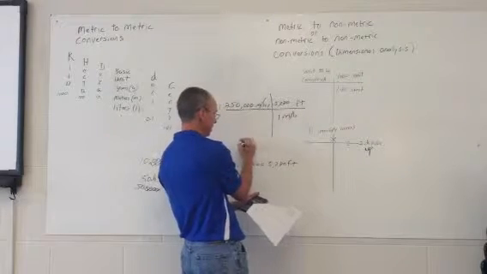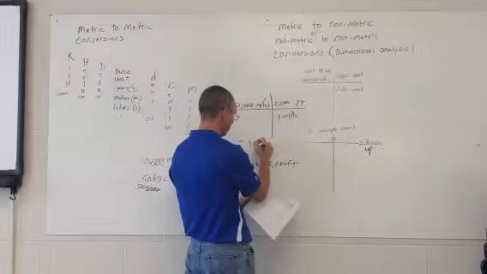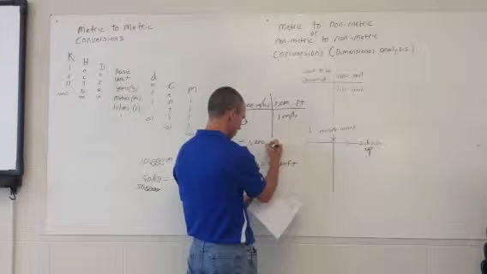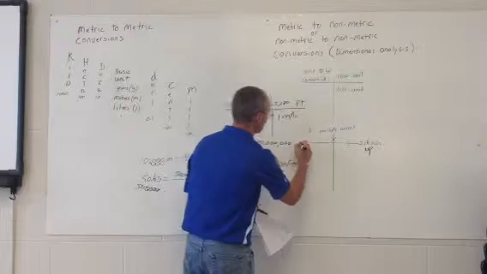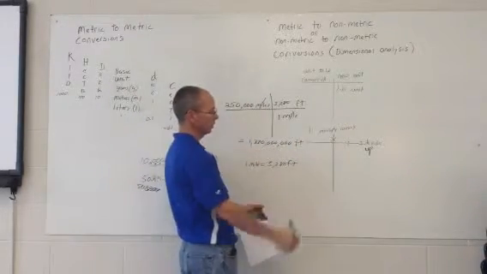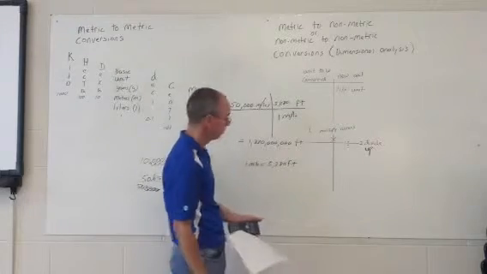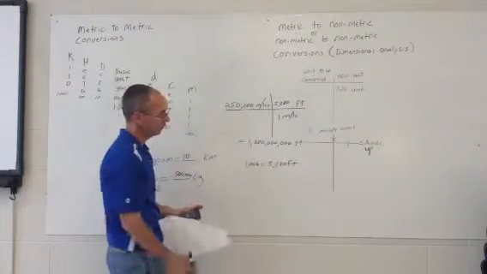I'm going to write it down here: 1,320,000,000 feet. Okay, so it's 1,320,000,000 feet from the Earth to the Moon. And I did that just by converting from miles to feet.